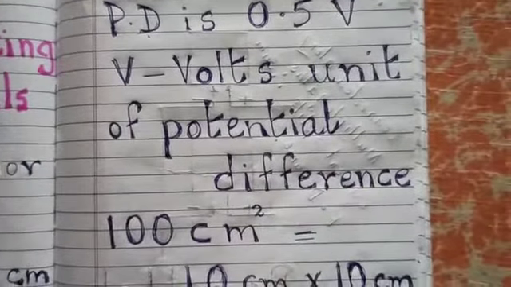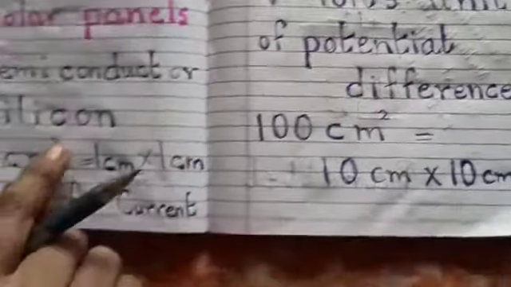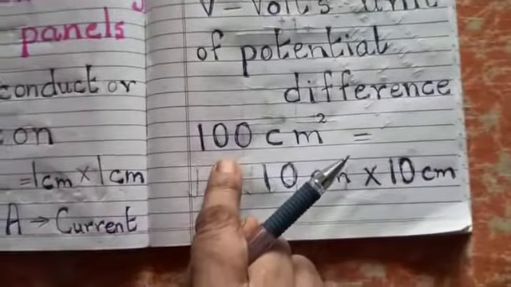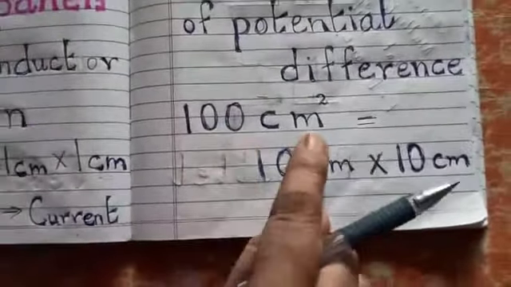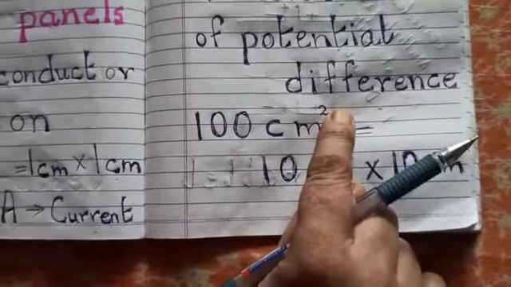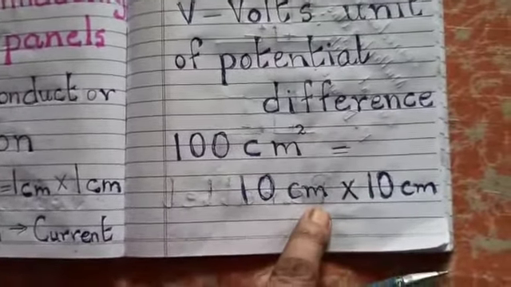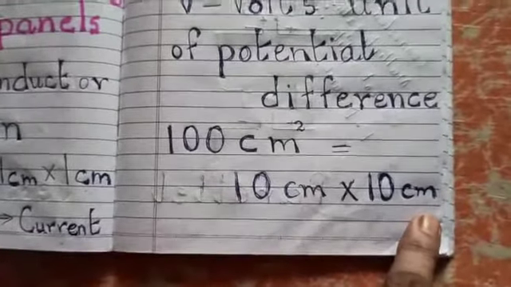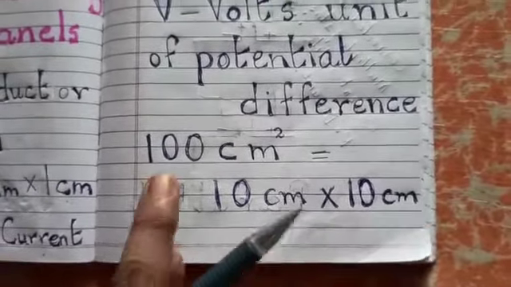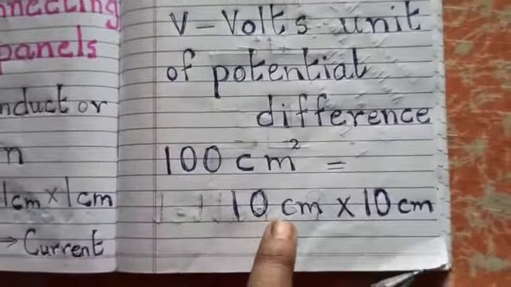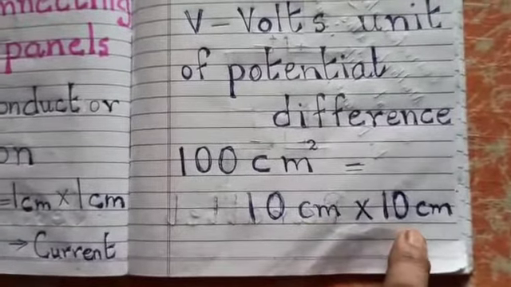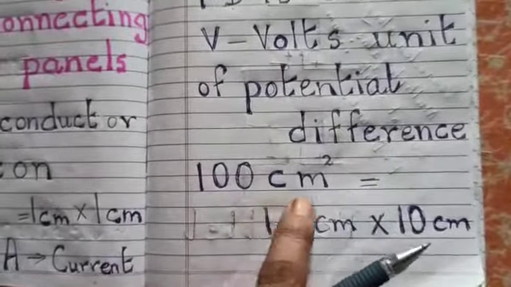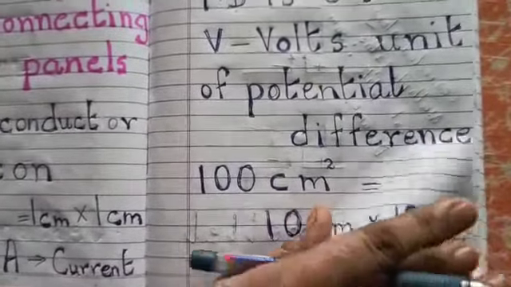Now instead of taking a 1 centimeter square dimension solar cell, if a cell of 100 centimeter square dimension is taken, that means the length is 10 centimeters and the breadth is 10 centimeters. The dimension will be 10 centimeters into 10 centimeters, which is equal to 100 centimeter square.